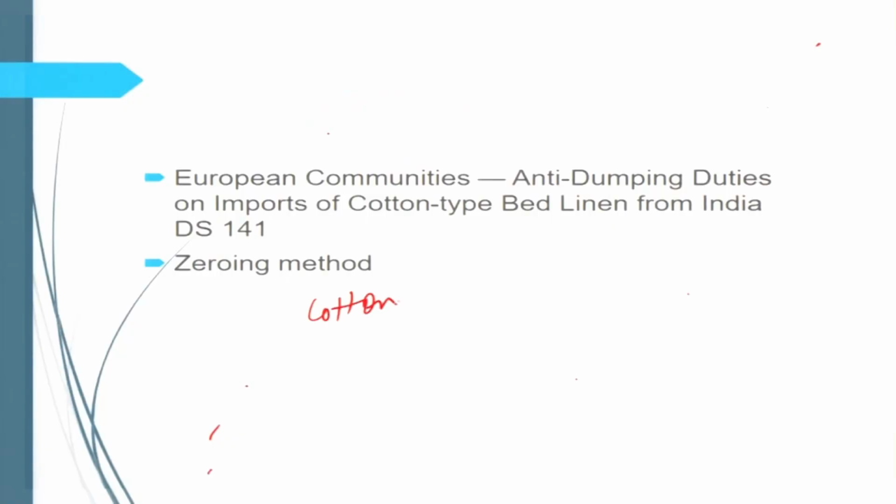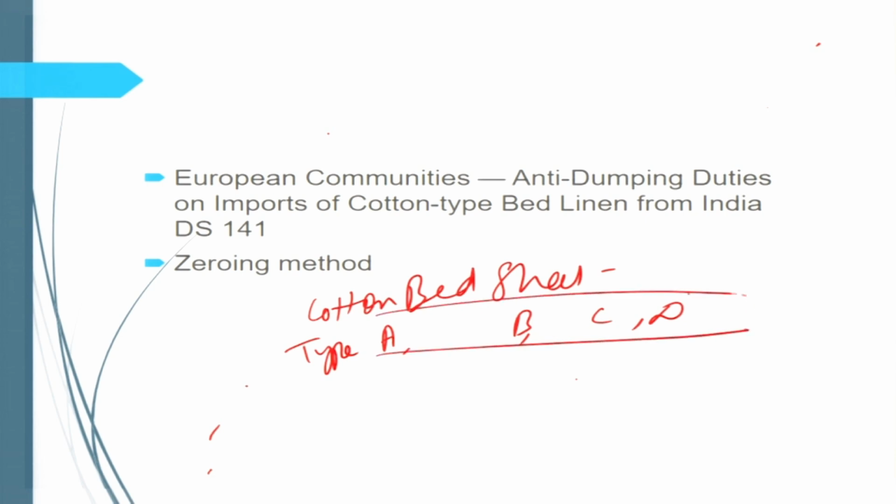So, let us put it like this: cotton bedsheets of type A, B, C, D. In this case, it is not necessary that they will always have the domestic market price lower than the export price.